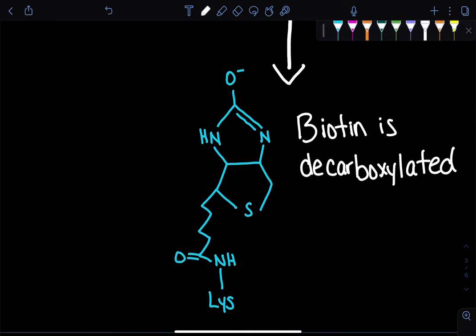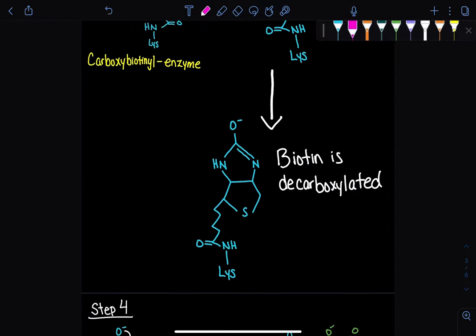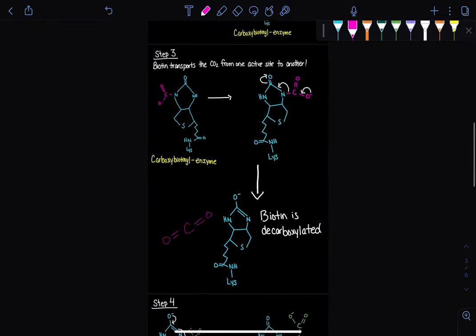Biotin is decarboxylated, and we see the double bond gained over here, and we see the oxygen has gained a lone pair. And as a result, once again, we see the loss of CO2, right? Because over here, we lost that CO2.